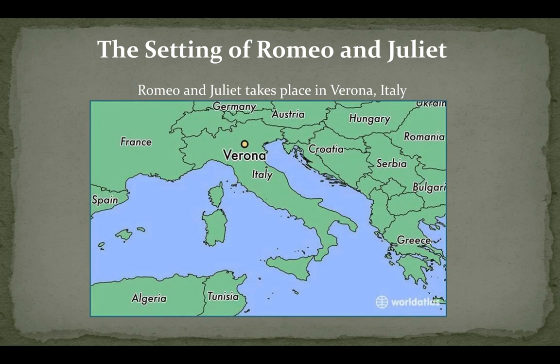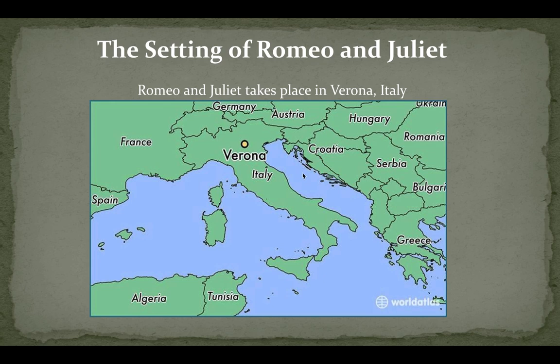Now, you might recall in our looking at our video on the Renaissance that there were parts of Italy, particularly in port areas, that were successful economically because of trade.